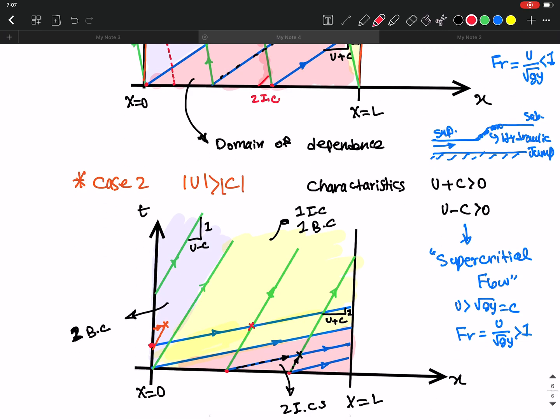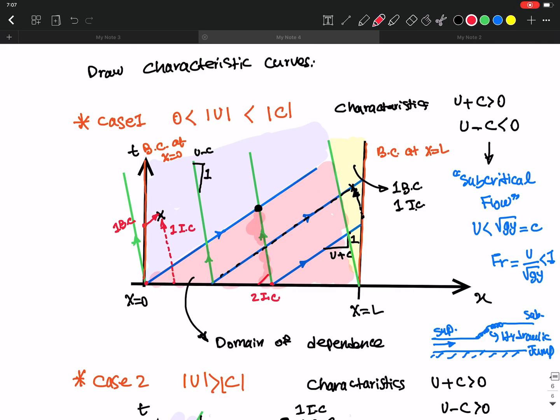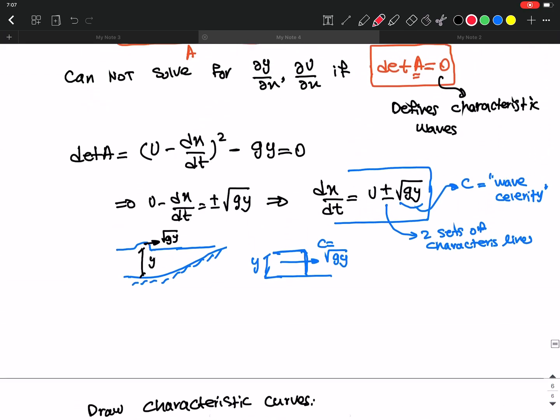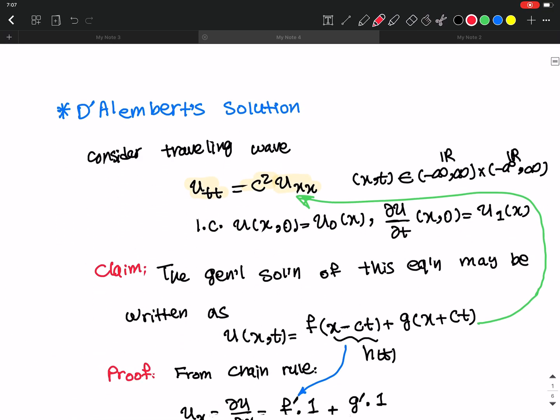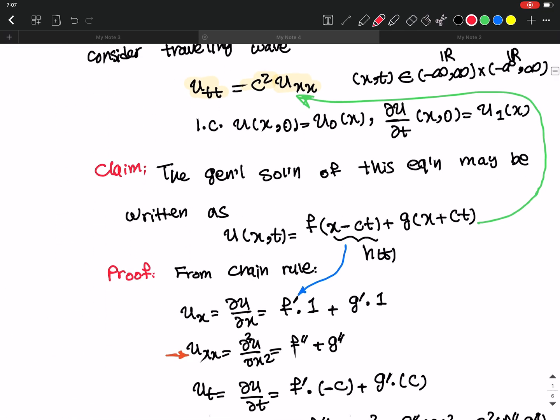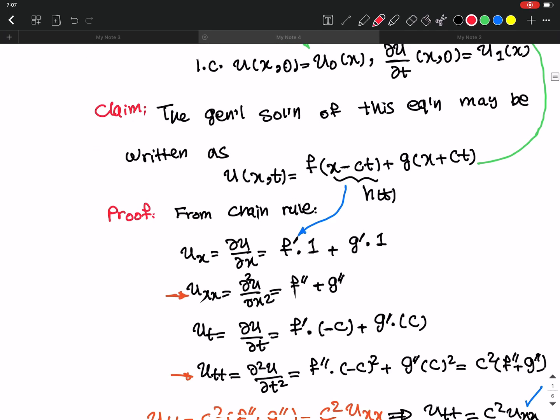Okay, so this was the topic for today, about the characteristic waves and characteristic curves and how we can use them to solve these types of PDEs. Especially we talked about traveling waves, right? We first started with D'Alembert's solution, and then we showed the general solution of this equation, which is f(x minus ct) plus g(x plus ct).